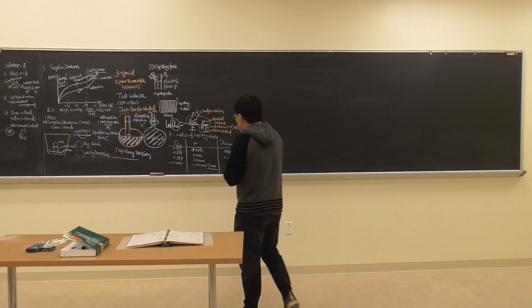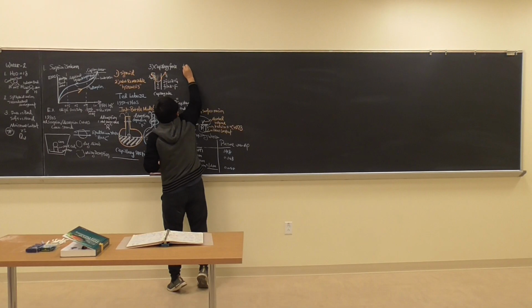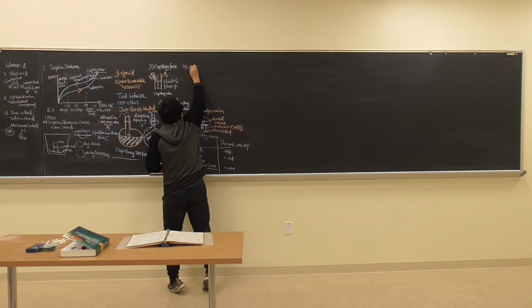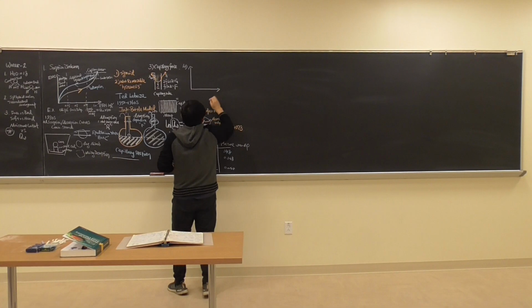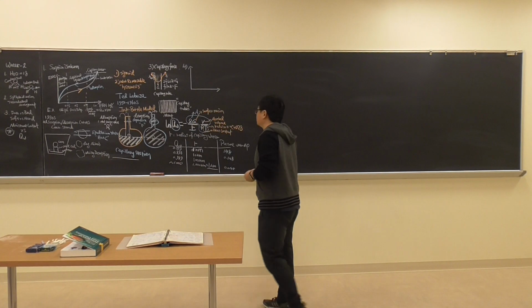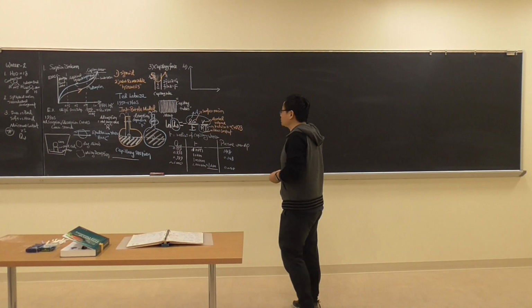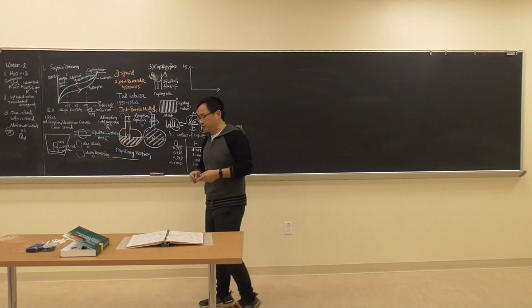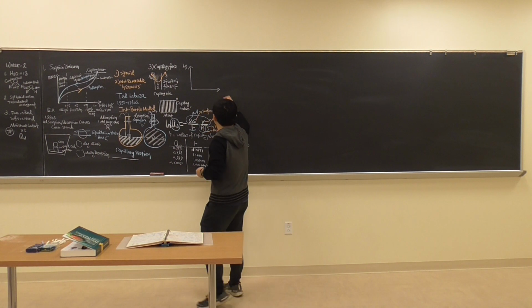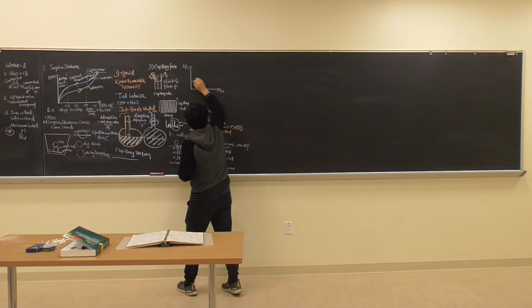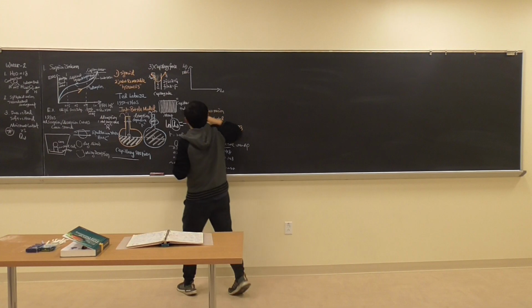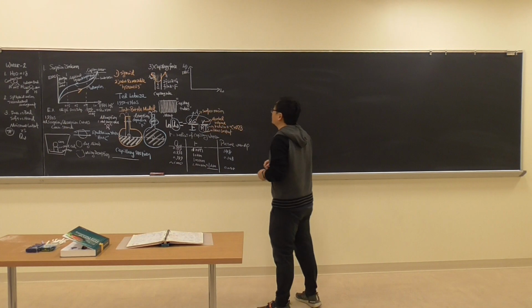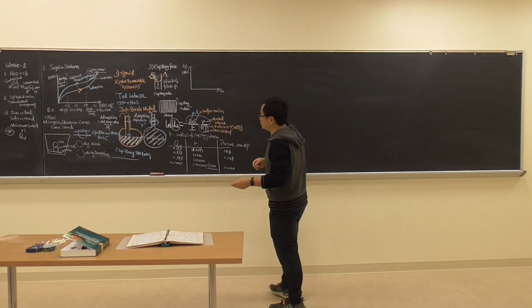Now, we want to say why this is important. Why are these curves important? Because we can use them to estimate the correlation between the water activity and the equilibrium moisture content, and to see how sensitive products are to environmental moisture change.